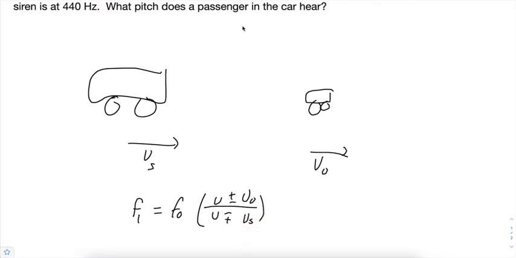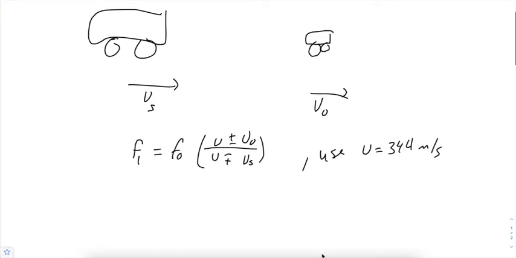Okay, so they didn't tell us here what speed to use for the speed of sound in air, so we're going to use 344 meters per second, which is a good rough number to use for the speed of sound in air. That's this number right here.